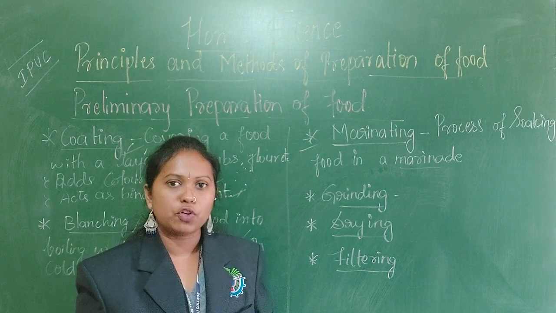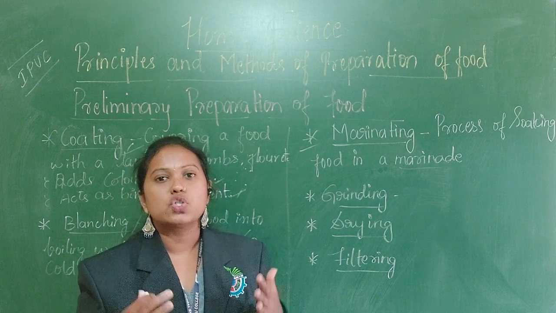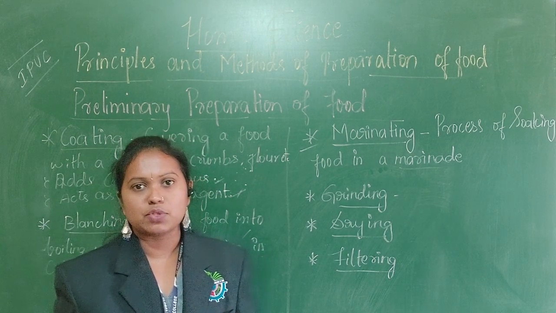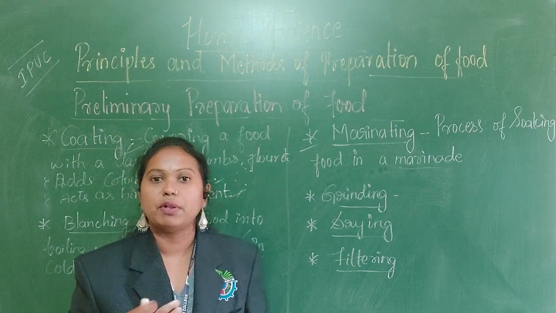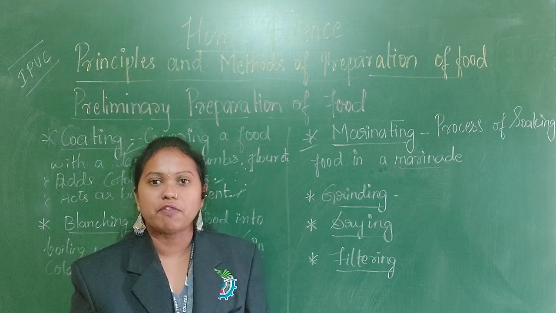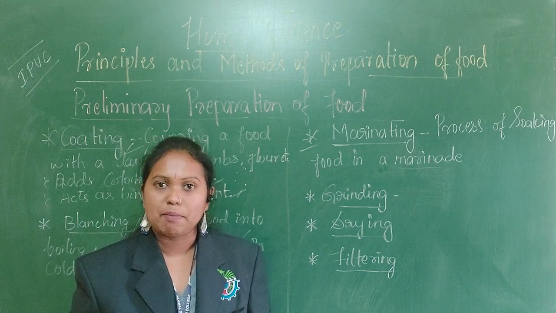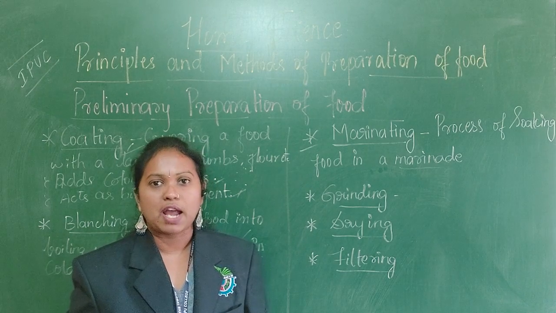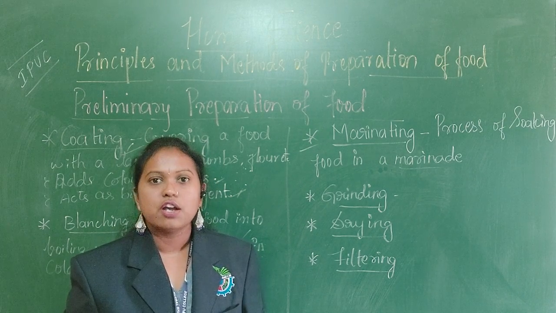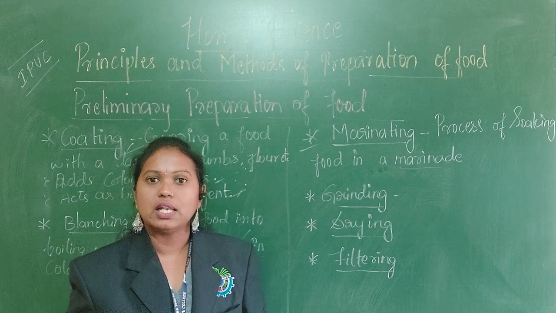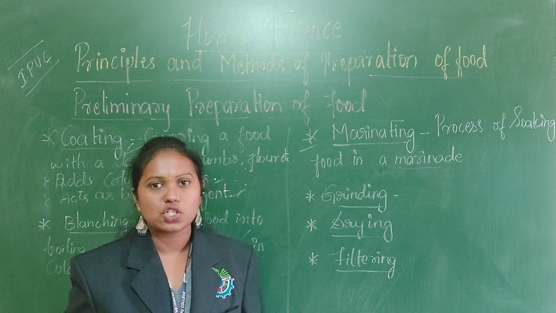And which kind of food could be marinated? So many different food items could be marinated. For example, fruits could be marinated in wine, tofu in sesame oil, rice with wine, vinegar and soya sauce, vegetables in olive oil, lemon juice and garlic and so on.